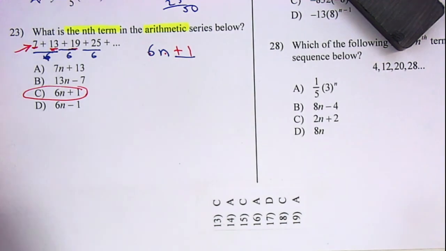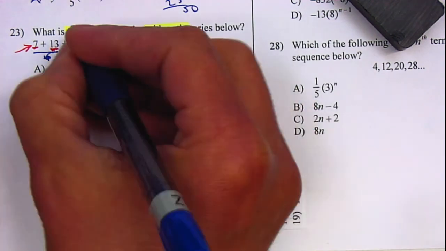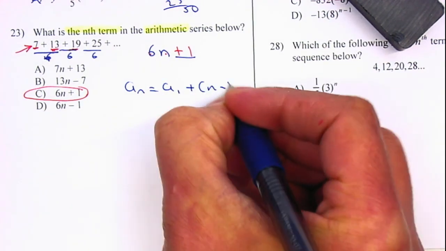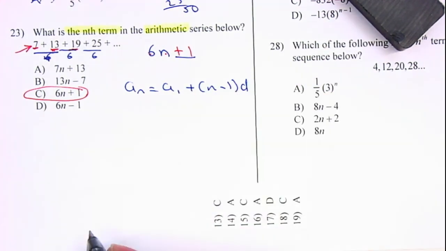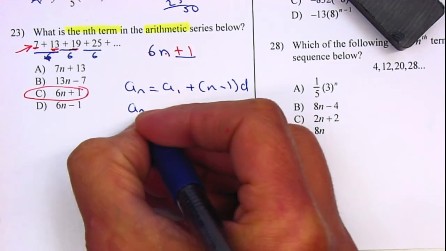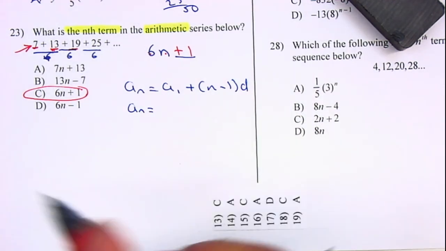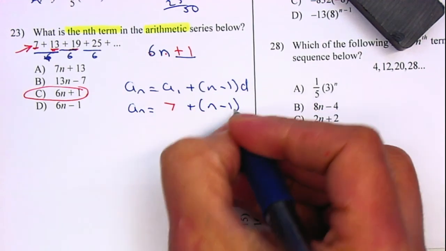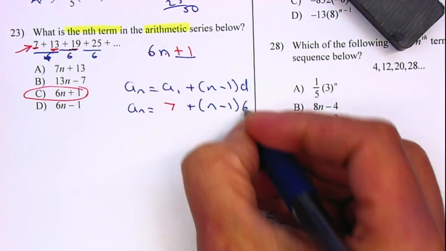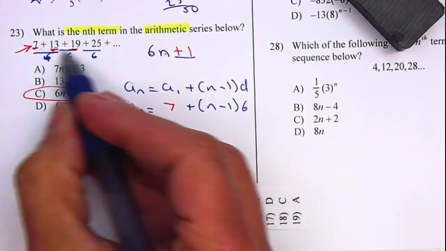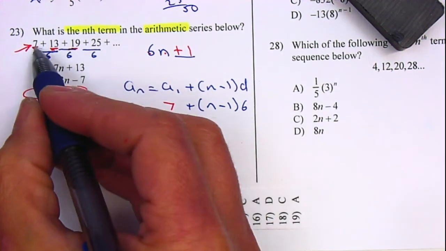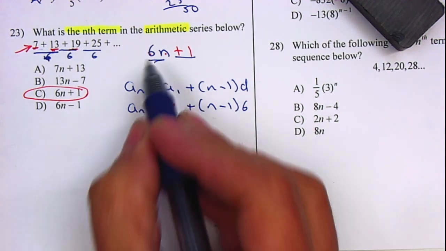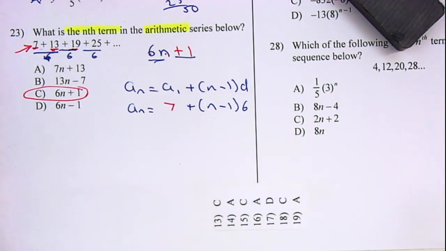Now, if you want to use your formula, we need to find the nth term. So a sub n is equal to a sub 1 plus n minus 1 multiplied by the difference. The first term is 7 plus n minus 1, and the difference is 6. Remember that it's increasing, so it's positive. If it's decreasing, your difference, or in this case your slope, will be negative.